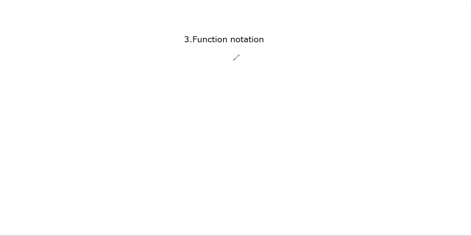So in your function notation, remember we said that we use 2 variables, right? You have an input, which goes to a process, and then finally you get your output. This is how functions are.